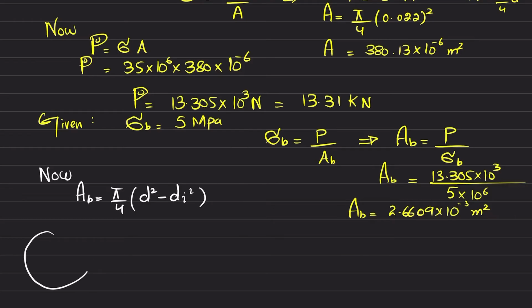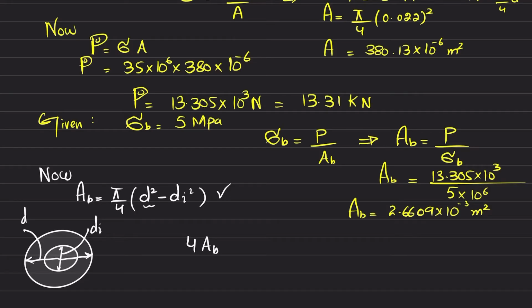If I draw the washer, it will be like this: this will be D, and this will be DI, and the bearing area will be this one. Now we are interested in finding D square. So 4 into bearing area divided by pi, plus DI square, will be equal to D square.